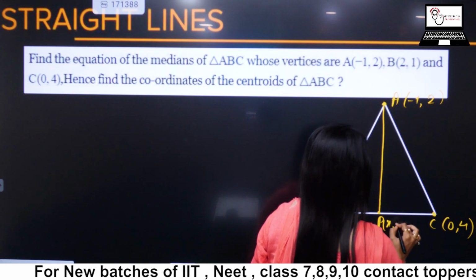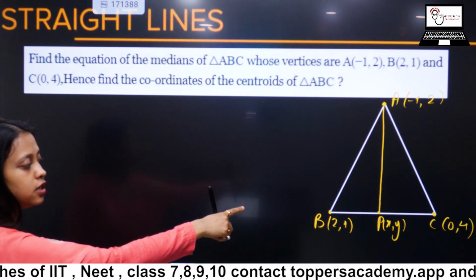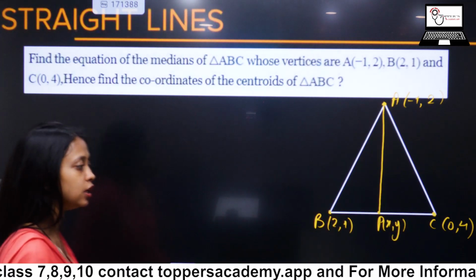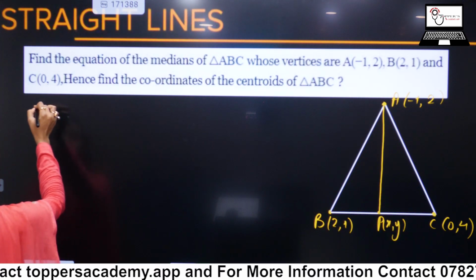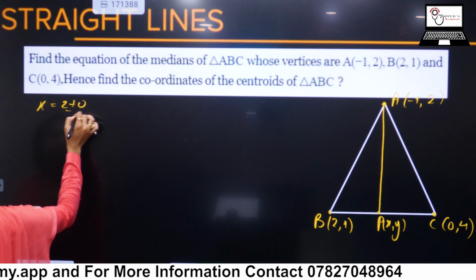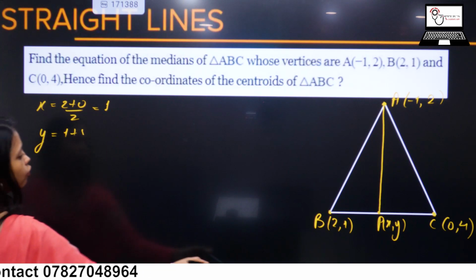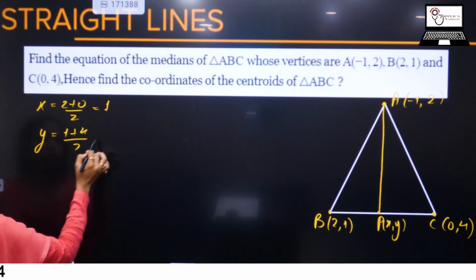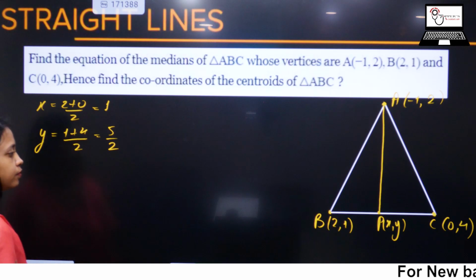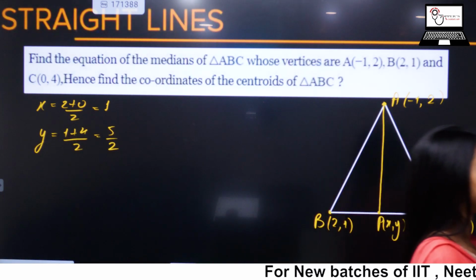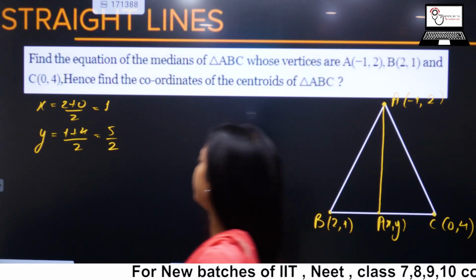Again, midpoint formula: P is the midpoint of segment BC. So, x is equal to (2 plus 0) by 2, which is 1. y is equal to (1 plus 4) by 2, which is 5 by 2. Okay? So, this is your midpoint.